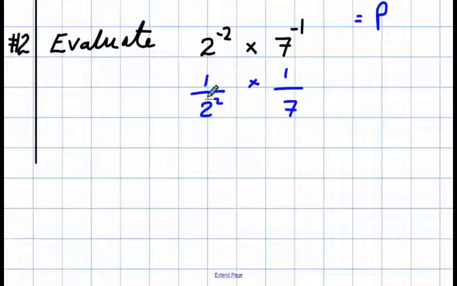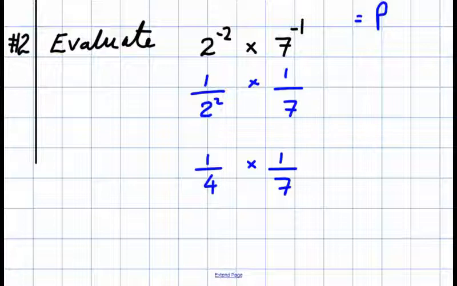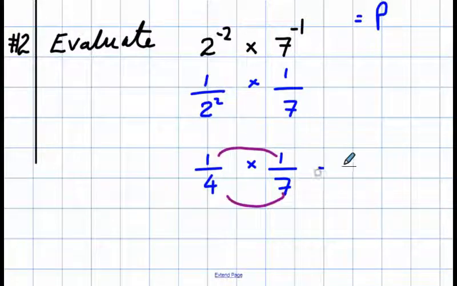So I just work out what 2 squared is. It's 4. 1 over 4 times 1 over 7. You multiply the numerators and you multiply the denominators. So there you go, there's the answer.